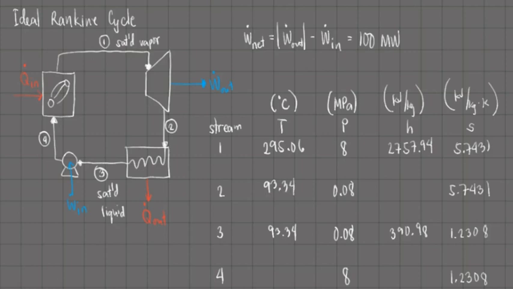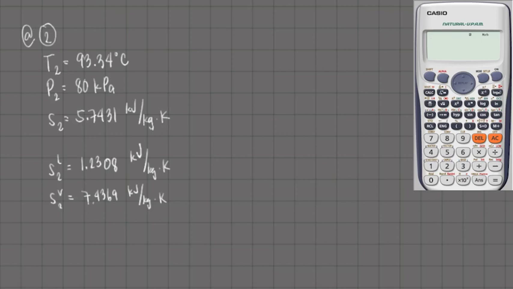And then let's solve for the quality. Here we have the interpolated values for the specific entropy of saturated liquid and saturated vapor. Our formula, this is the quality of stream 2, and that is the specific entropy of stream 2 minus the specific entropy of stream 2 liquid over stream 2 vapor minus stream 2 liquid.